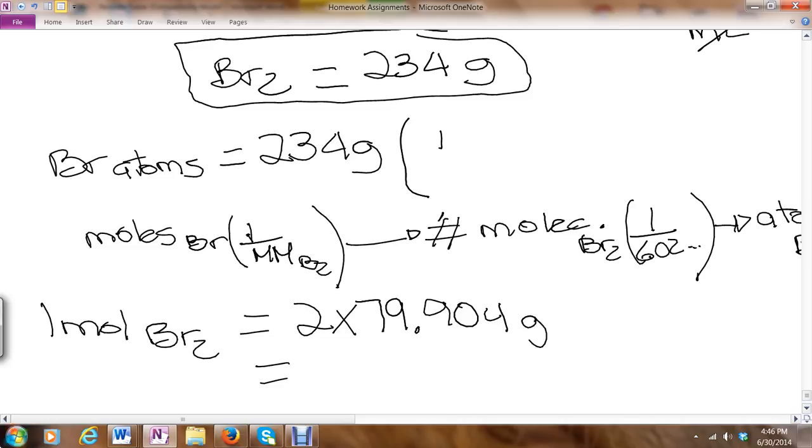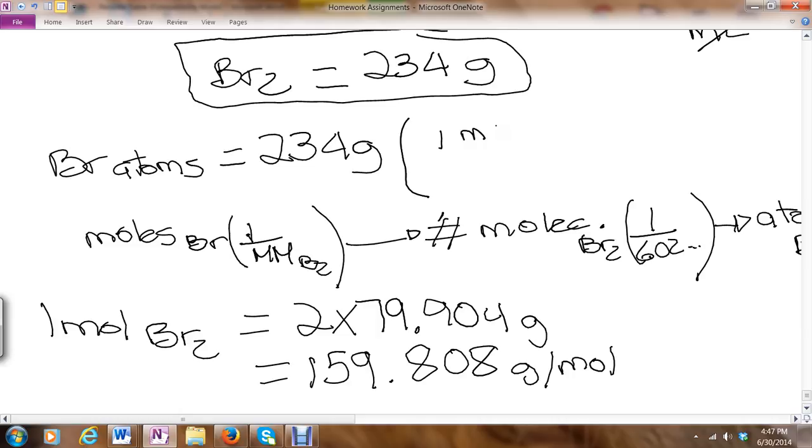So it's 79.904 times 2 equals 159.808 grams per mole. So what do you have to do? You put 1 mole on top, and then divide by the molar mass, which is 159.808. Remember, molar mass, do not round it. Just leave all the sig figs. And this would be grams, so grams and grams cancel out.